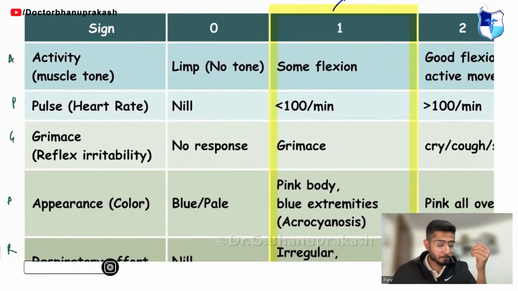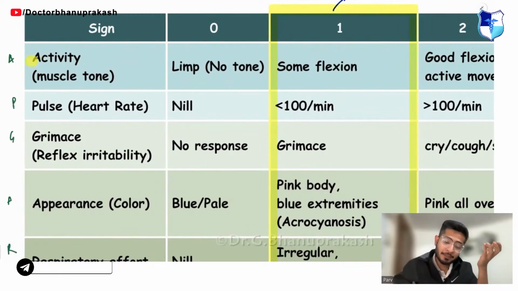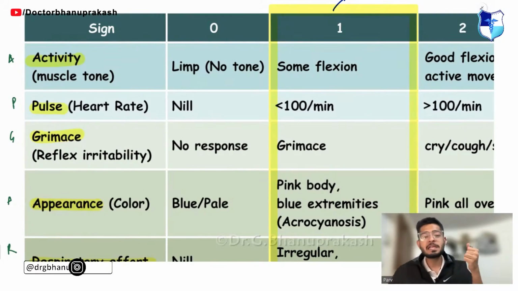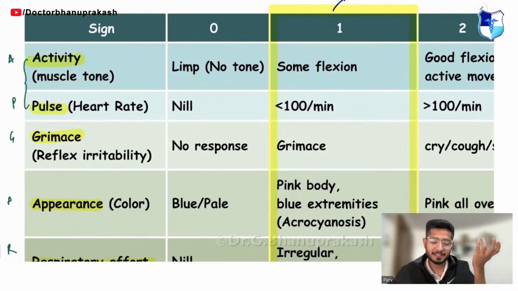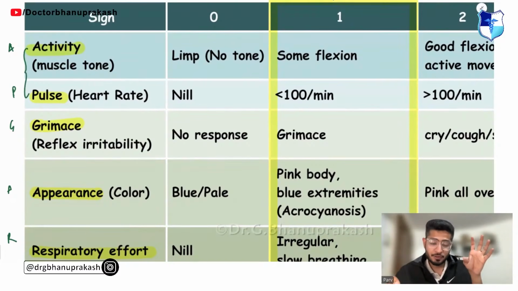A for activity, P for pulse, G for grimace, A for appearance, R for respiratory effort. One thing which you can remember.